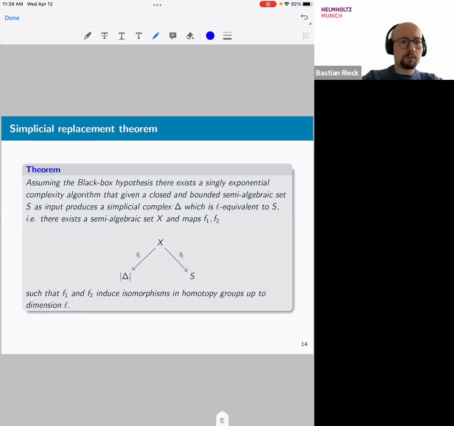bounded semi-algebraic set, produces a simplicial complex, which is L equivalent, meaning that there exists a diagram like this, and where the F1 and F2 induce isomorphisms in homotopy groups up to dimension L. And here X is some closed and bounded semi-algebraic set.